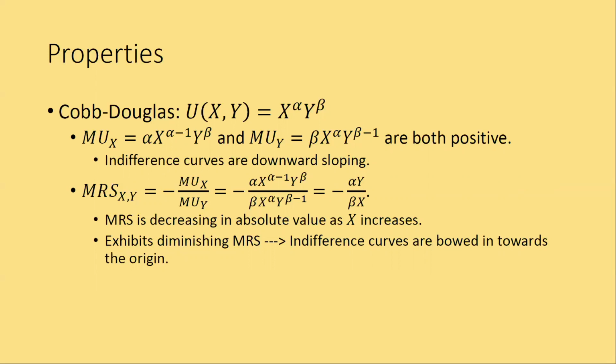So the Cobb-Douglas utility function has this nice feature that it exhibits diminishing marginal rate of substitution. And as an implication of diminishing MRS, the indifference curves will be bowed in towards the origin, like what we see in the graph.